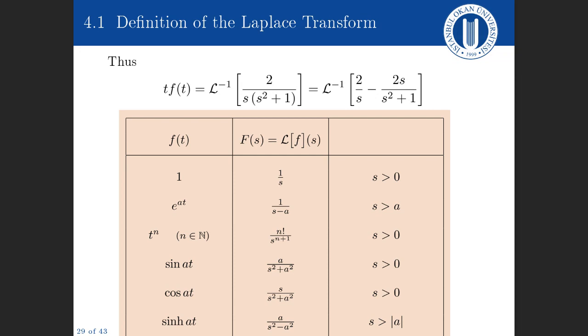If you received my email, you may have this printed out in front of you or open in another tab on another screen. On this table, I'm looking for something that looks like 2 over s, and something that looks like 2s over s squared plus 1. So have a quick look. Do you see anything that looks like these?